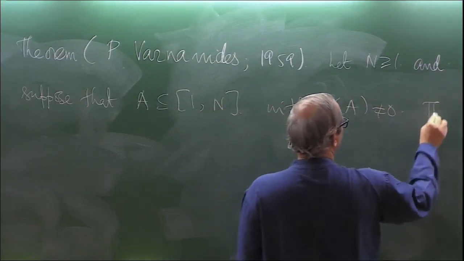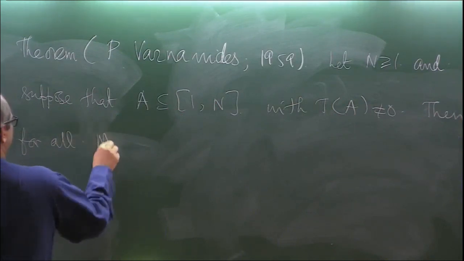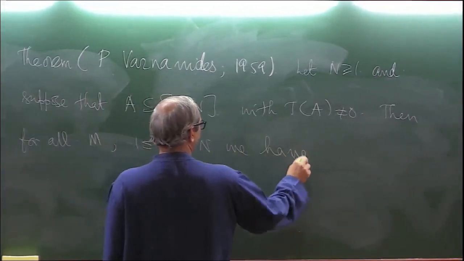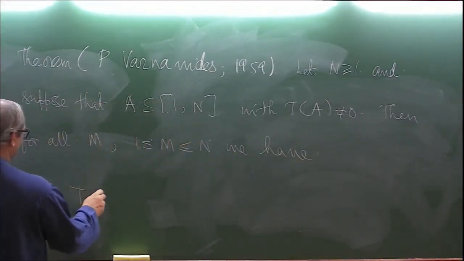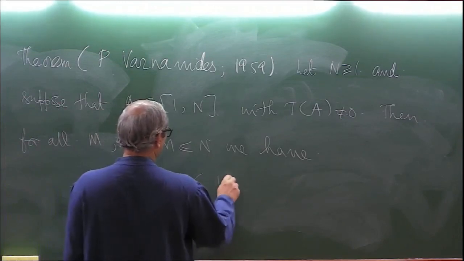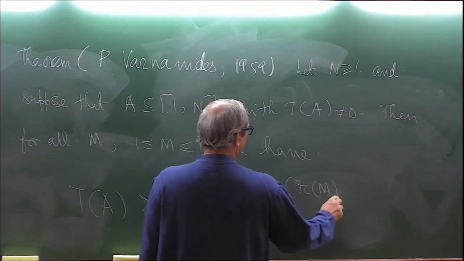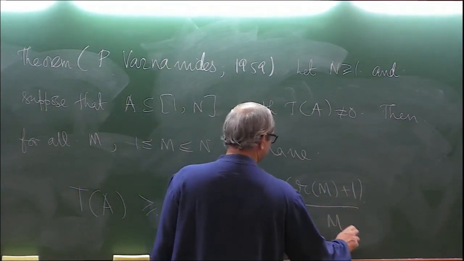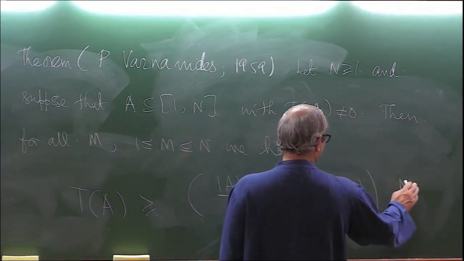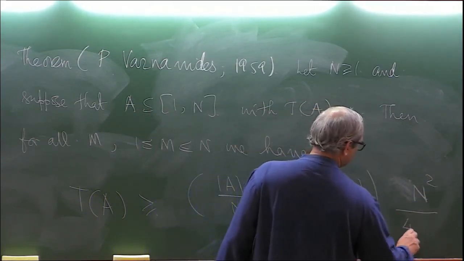Then for all m with 1 less than m less than n, we have a lower bound for TA, which is TA is greater than or equal to the cardinality of A by n minus R of m plus 1 by m, this times n square by m power 4 times m power 4.